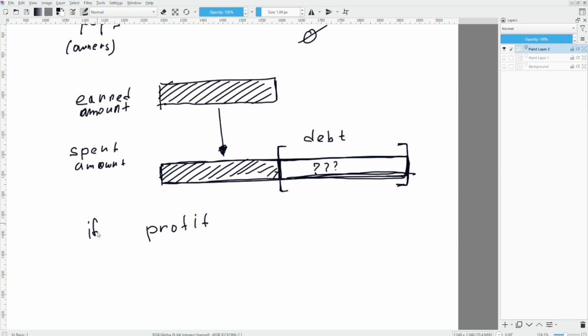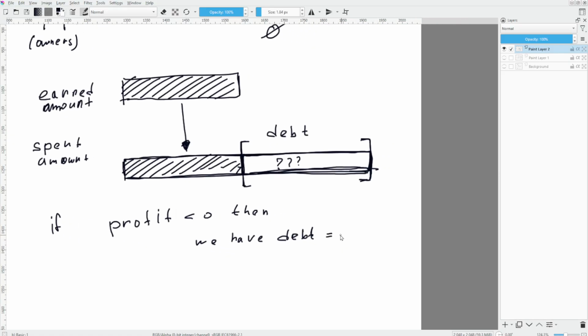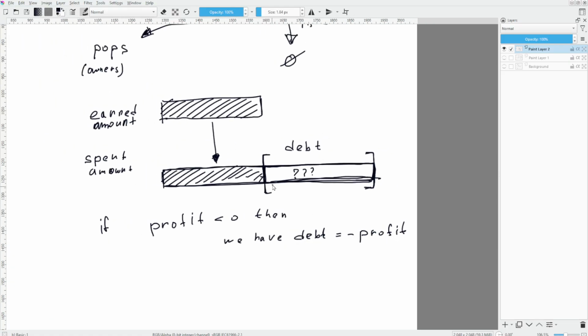Well, if profit is lower than 0, then we have a debt. Debt equal to minus profit. Exactly this value.